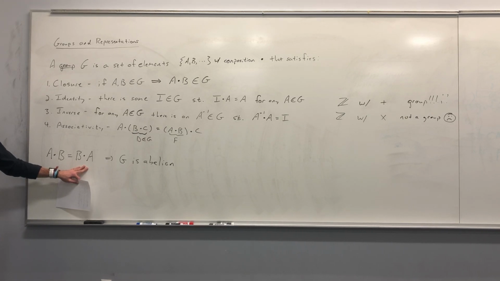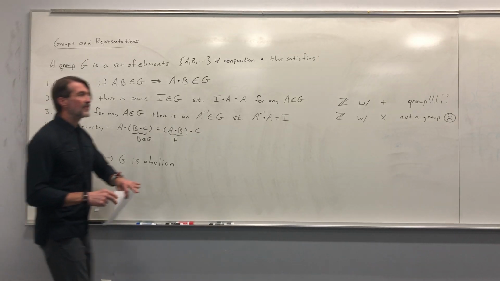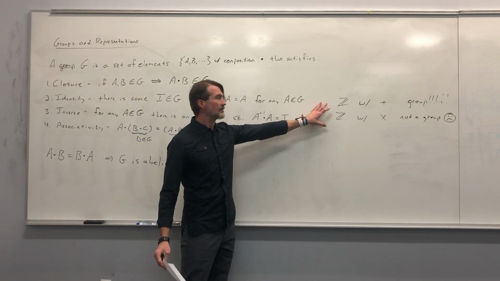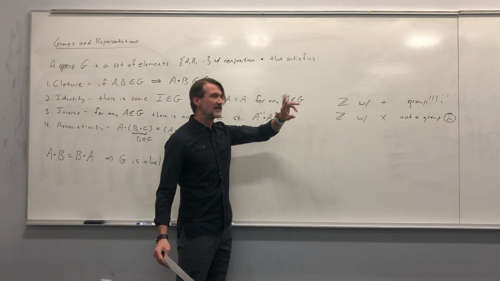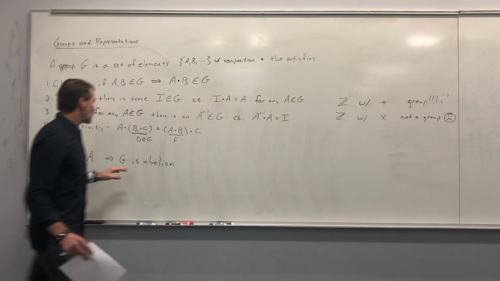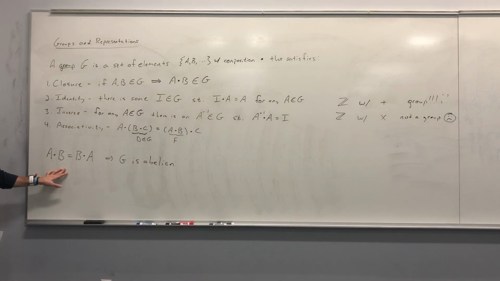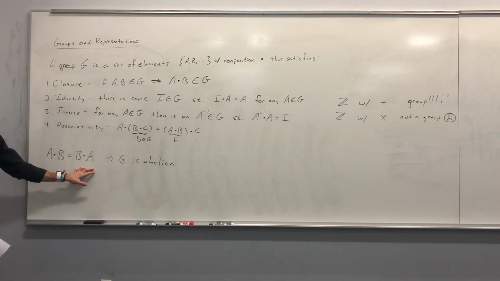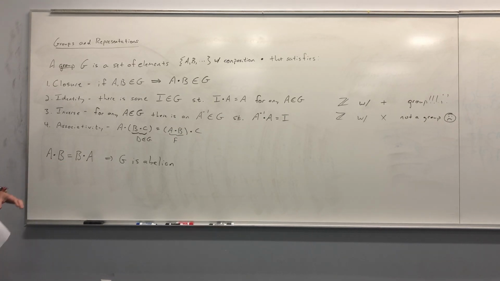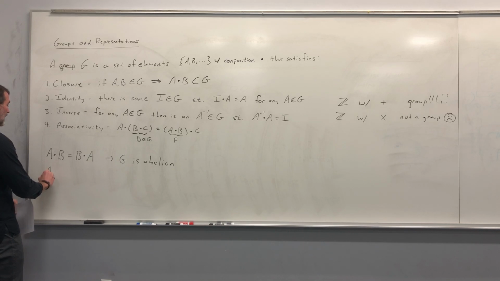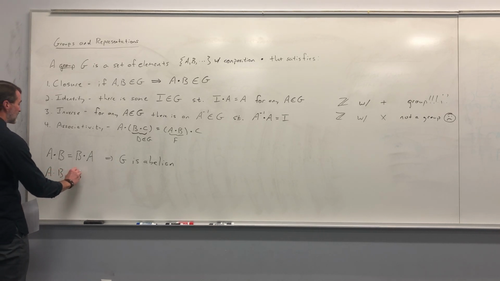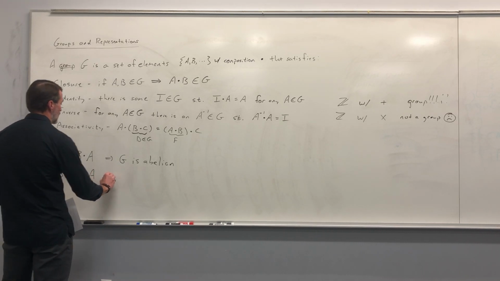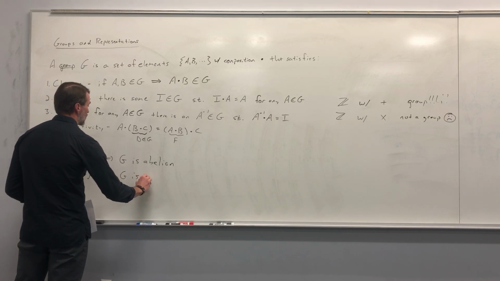Okay? Now, if you're thinking about these examples, that's really hard to figure, because if you're adding two integers, it doesn't matter their order. So if you just want a quick example of this, think of matrix multiplication. In general, matrix multiplication depends on the order of the matrices. A dot B is not always the same as B dot A. Okay? And of course, if this is not true, then G is what we call non-abelian.